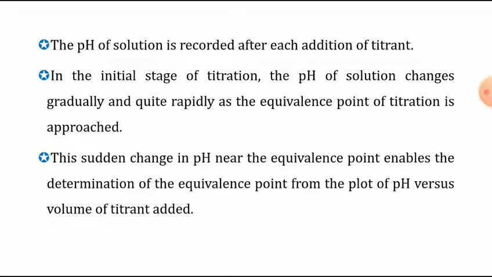This sudden change in pH near the equivalence point enables the determination of the equivalence point from the plot of pH versus volume of titrant added. Now we will see how our plot or graph is obtained after performing this titration.